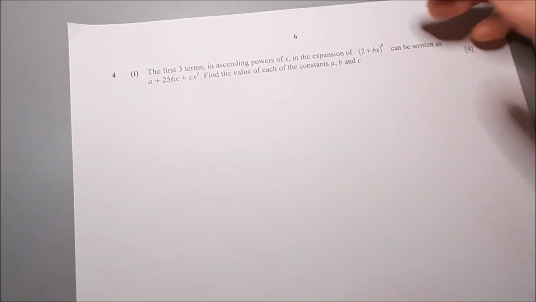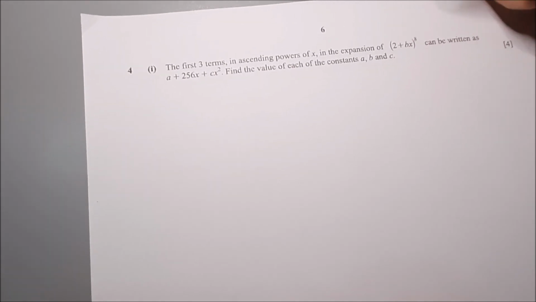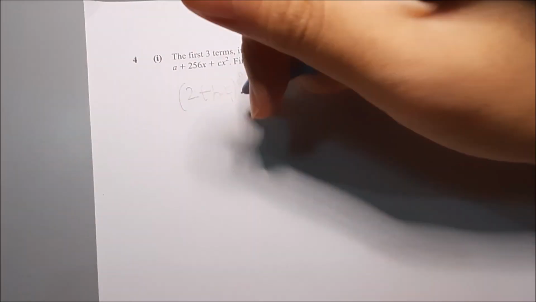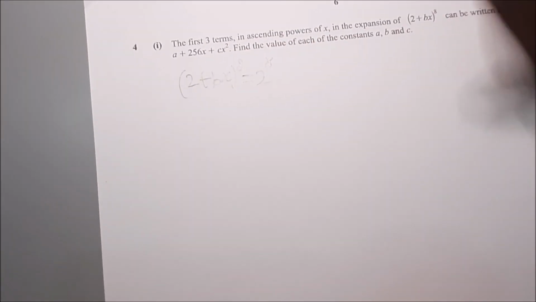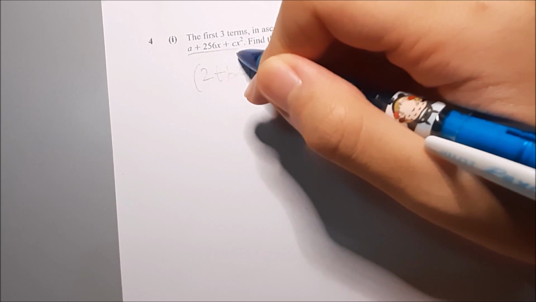And now to start the question, first we have to expand 2 + bx. You have to expand only the first three terms, as there are only three terms stated in the question.